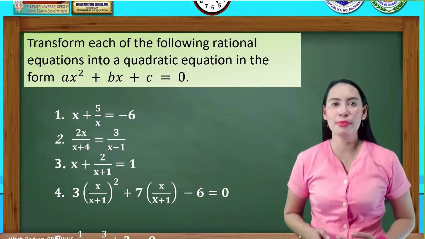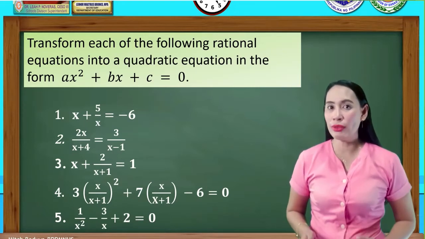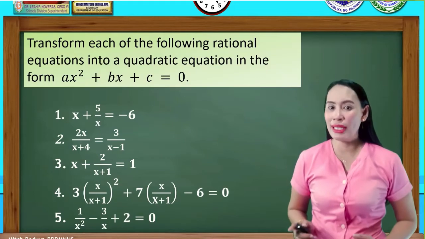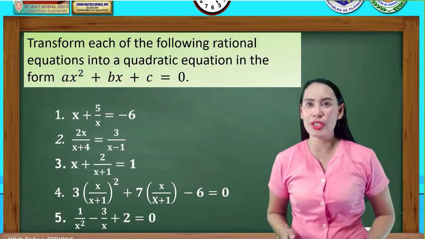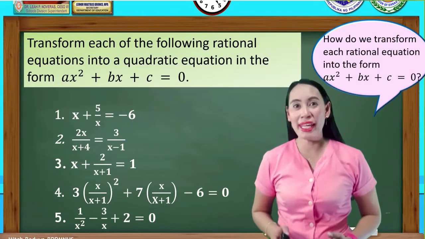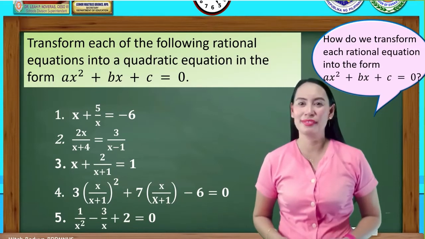Number 5, 1 over x squared minus 3 over (x plus 2) equals 0. How do we transform each rational equation into the form ax squared plus bx plus c equals 0?